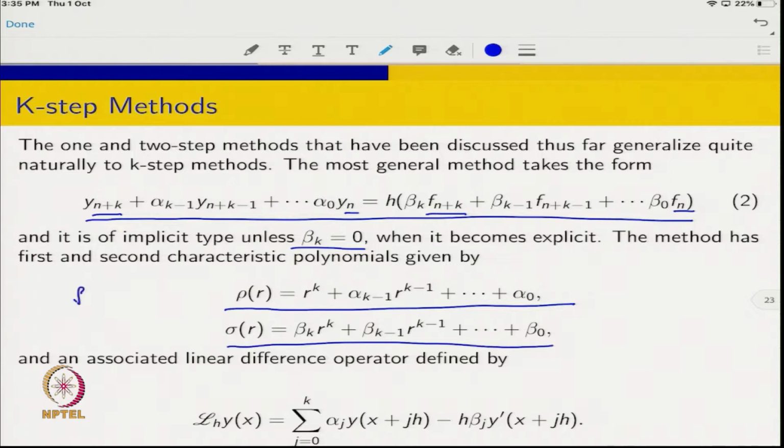So, this is first and this is second. At the same time let me also introduce the associated linear difference operator in this case. The associated linear difference operator just becomes the difference of the left hand side and right hand side this way.